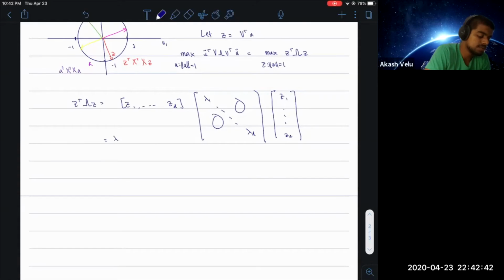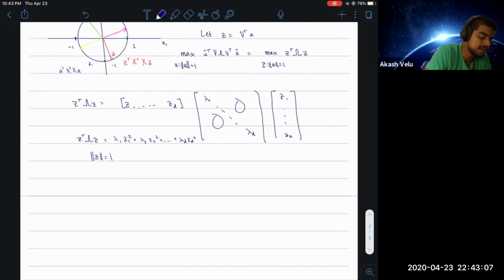It's going to be lambda 1 times z1 squared plus lambda 2 times z2 squared, all the way up to lambda d times zd squared. So this is z transpose lambda z. And remember that we're trying to maximize this under the constraint that the norm of z is equal to 1.